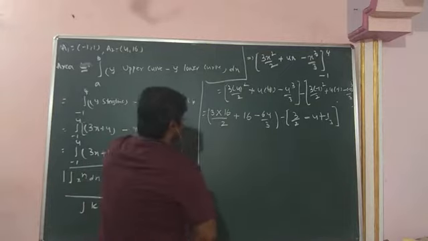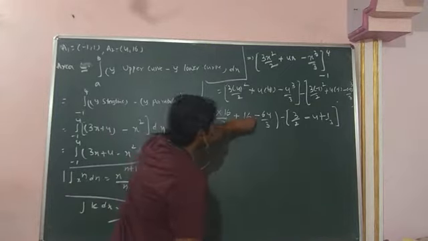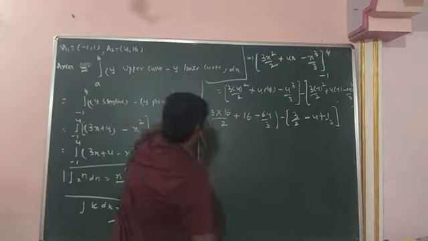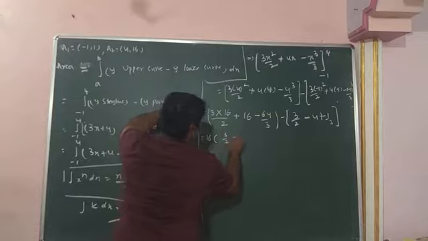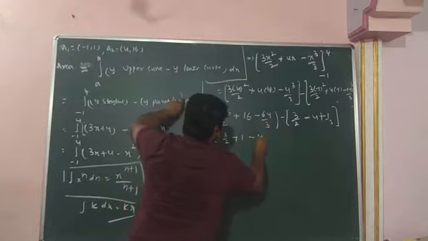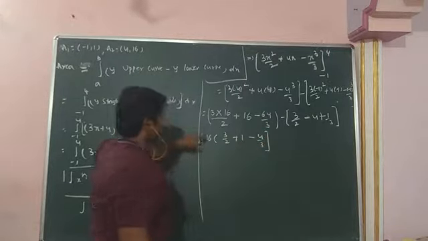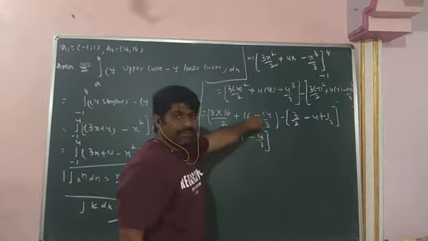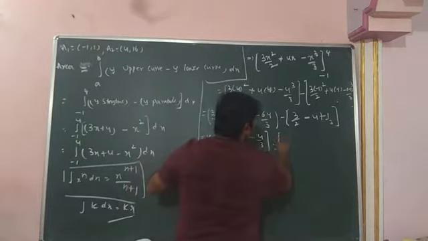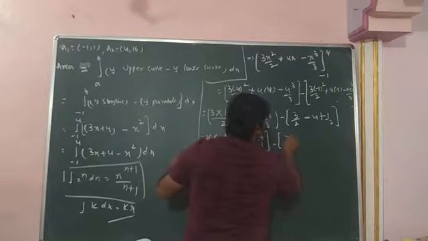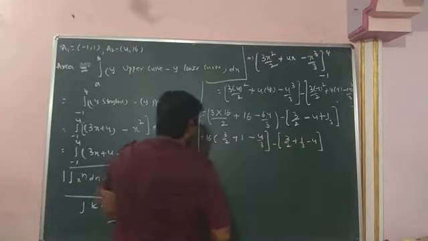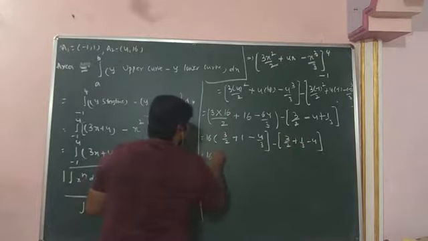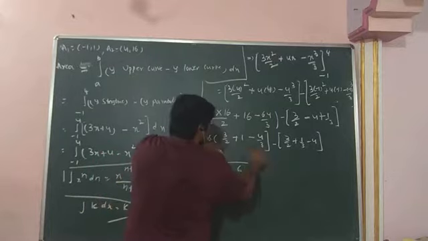Here we take 16 as common: 3 by 2 plus 1 minus 4 by 3. Simplifying, 16 into 4 is 64, so 3 by 2 plus 1 by 3 minus 4. Here we take the LCM, which is 6.